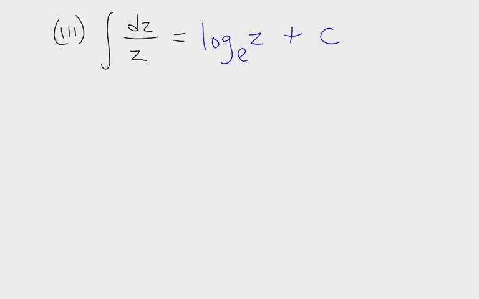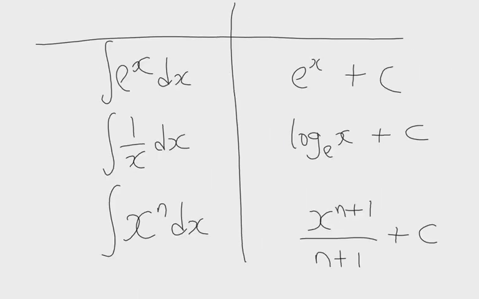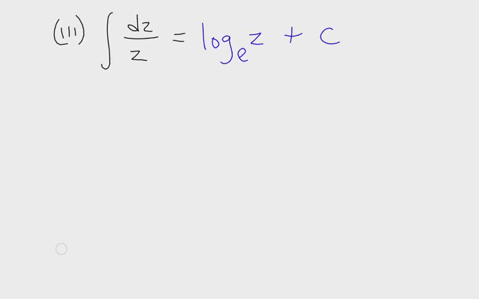So that is just like this standard form, because this thing here can be written as in the x over x. So we have is what we have.